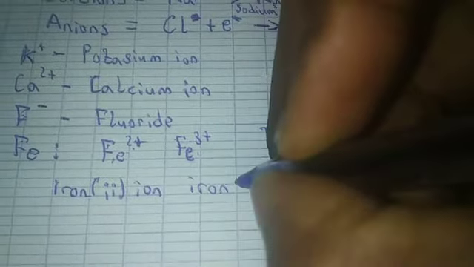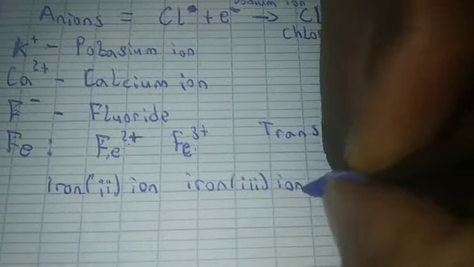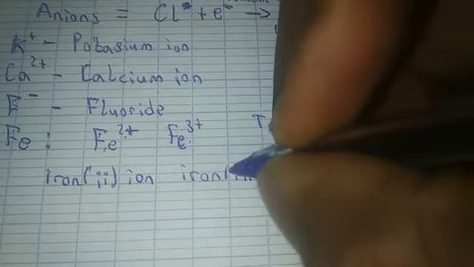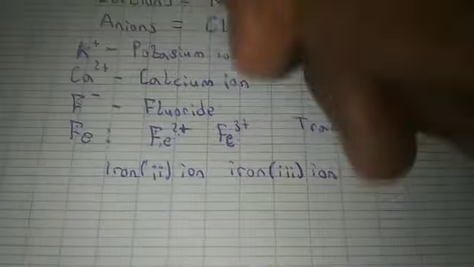So yeah, if you figured it out, this will be iron(III) ion. If you notice, I put the Roman numerals in parentheses, small parentheses. Make sure you always do that, because trust me, chemistry teachers will mark you off. Trust me on that. I have experience.